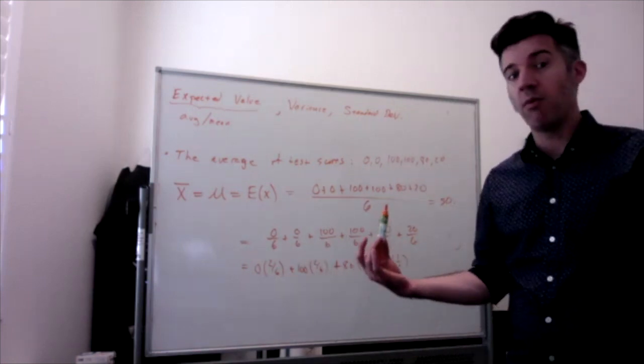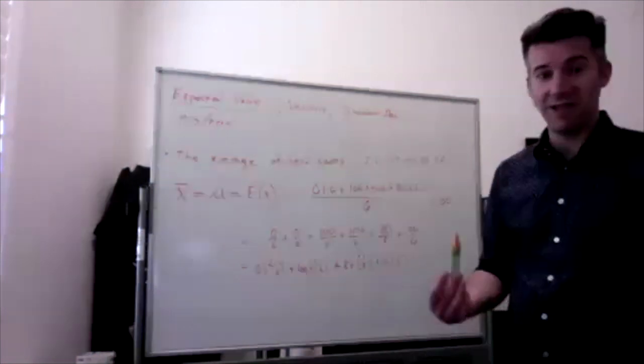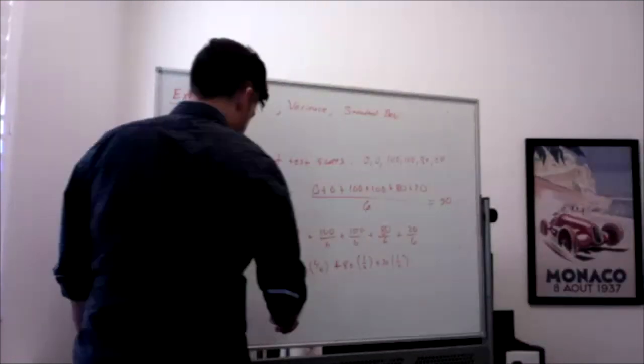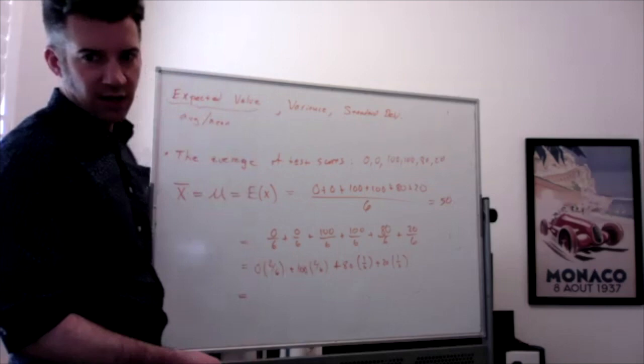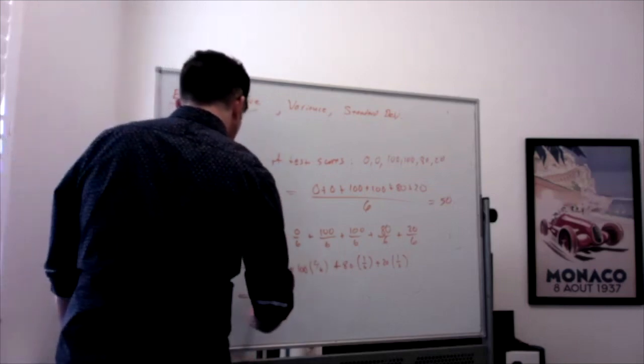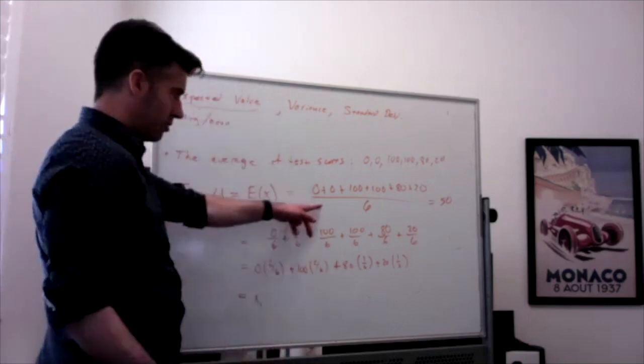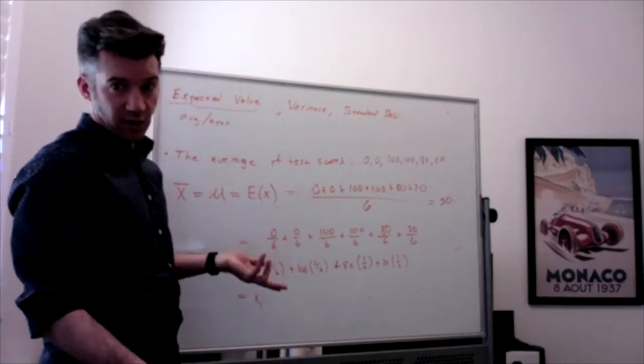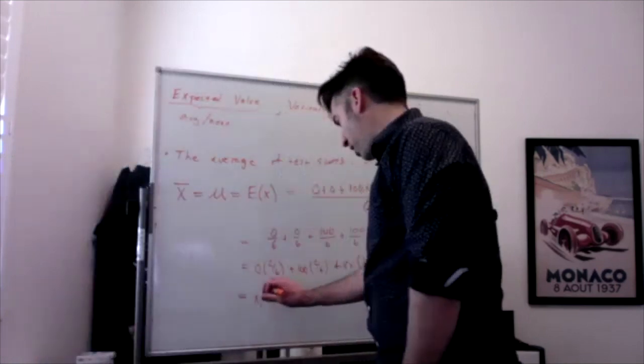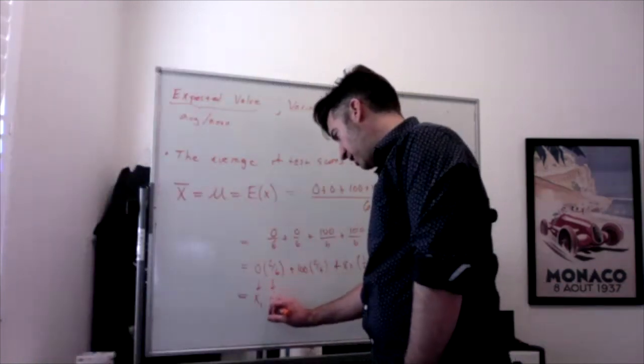So this is x1, the score x1 was 0, and this is the probability of getting a 0.